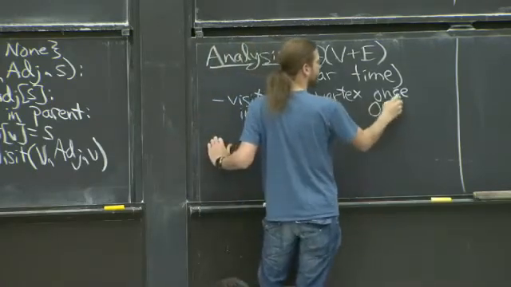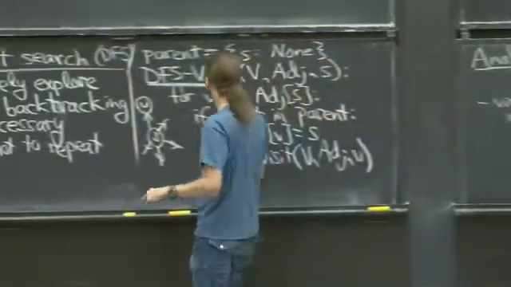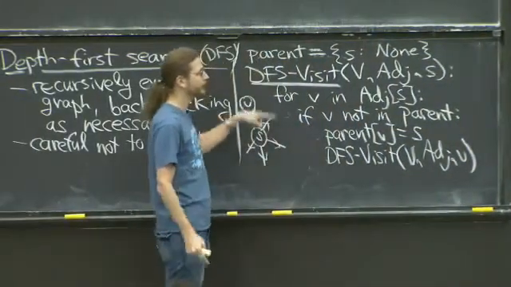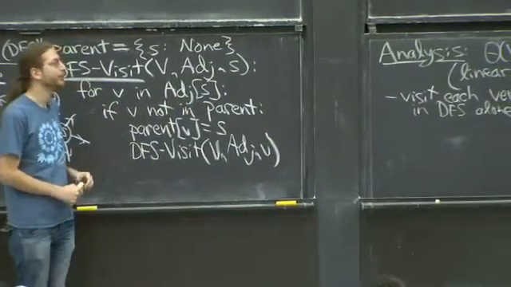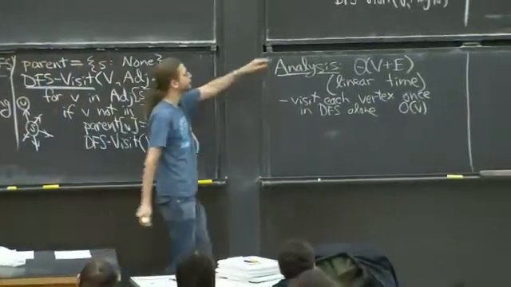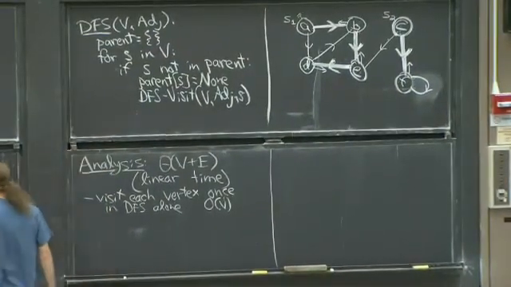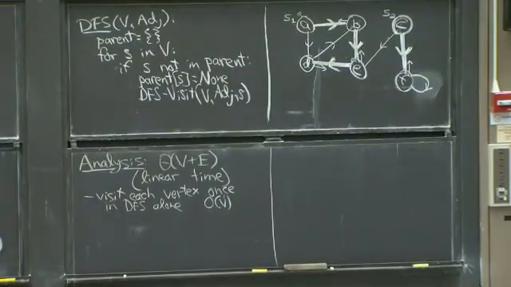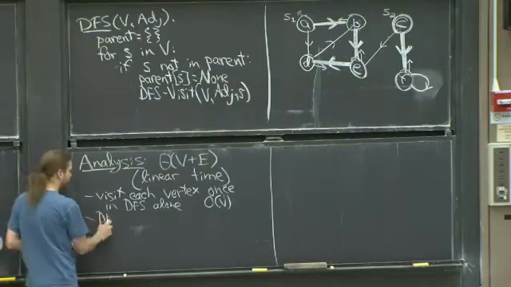So that's order V. Then we have to worry about this recursion. But we know that whenever we call DFS visit on a vertex, it did not have a parent before. Right before we call DFS visit on v here, we set its parent for the first time, because it wasn't set before.